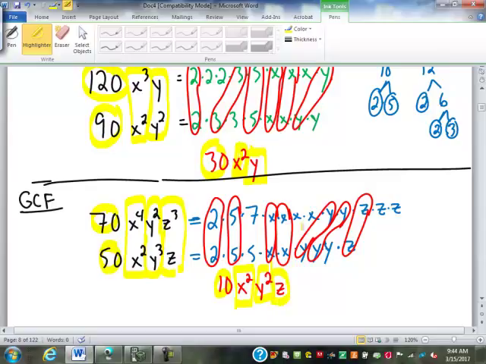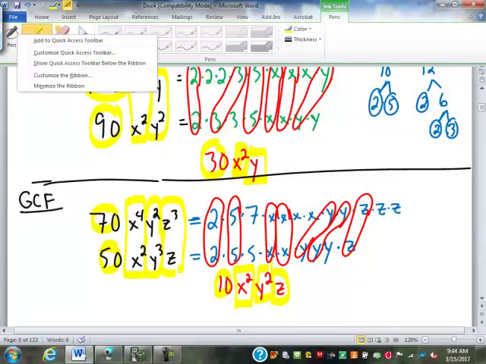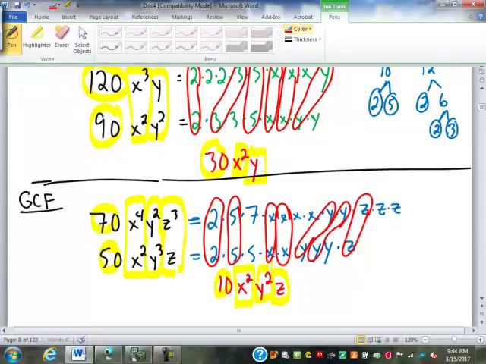Can you see a pattern developing with those variables and their powers? Yeah, it's the smallest one. It's the lower power. The smaller power between the two. For greatest common factor, it'll always be the smaller of the two powers.